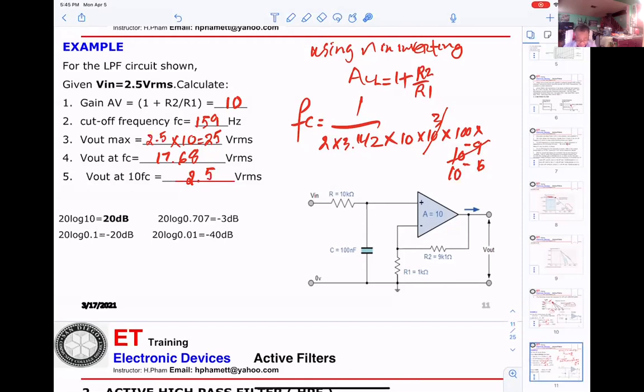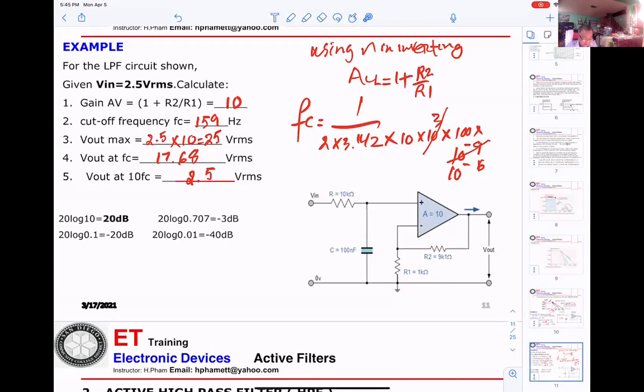For a non-inverting amplifier, the gain is 1 plus R2 over R1, and the cutoff frequency you calculate with the formula 1 over 2 pi R times C.